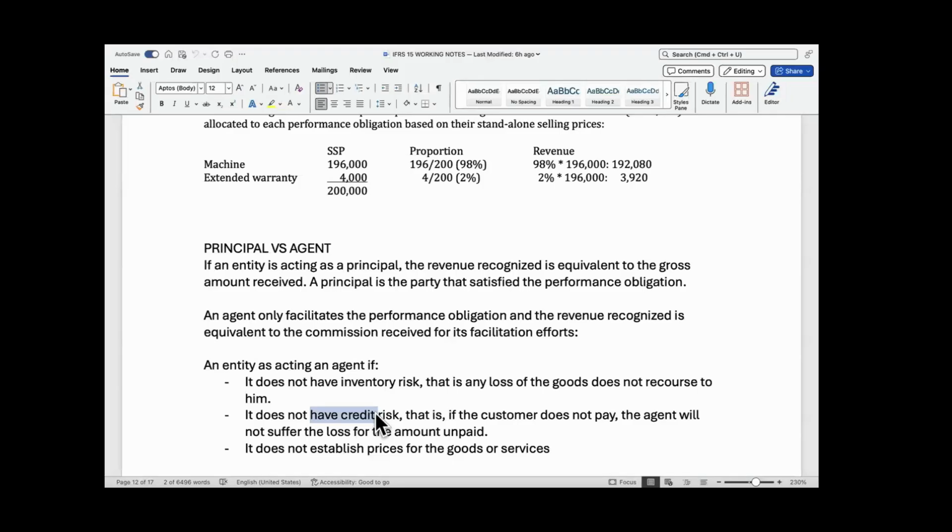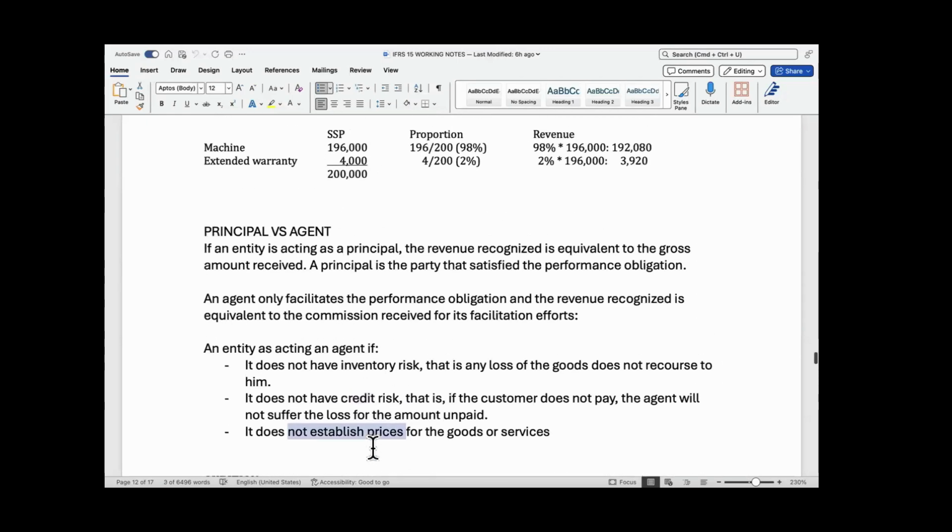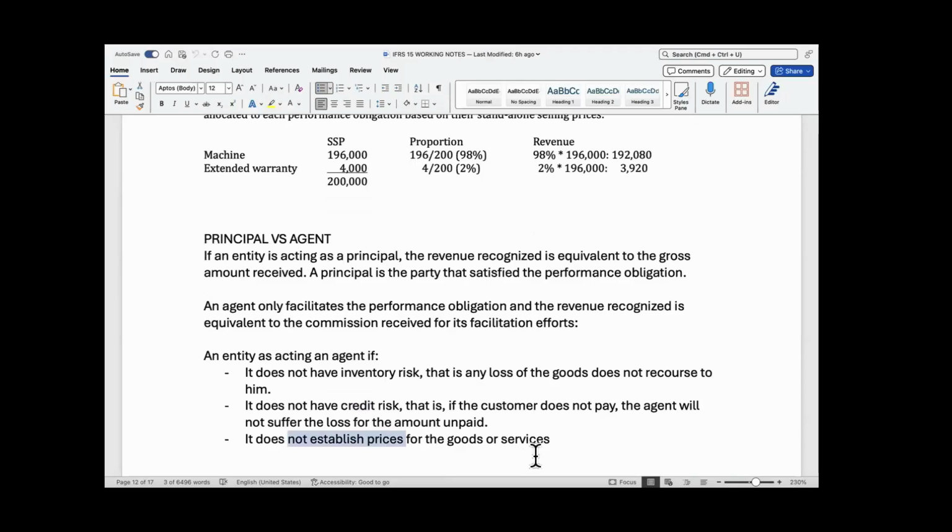You are not even the one establishing prices. All you get is your commission, and it is that commission that you recognize as revenue.